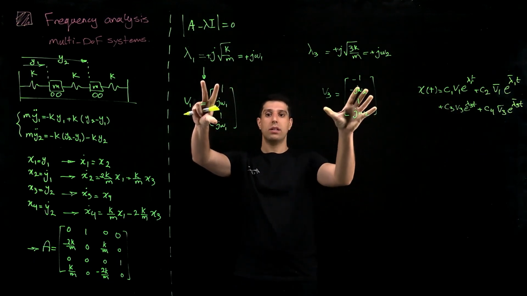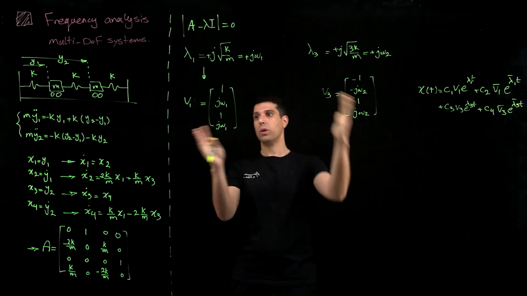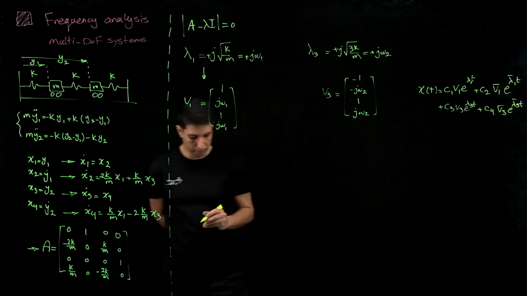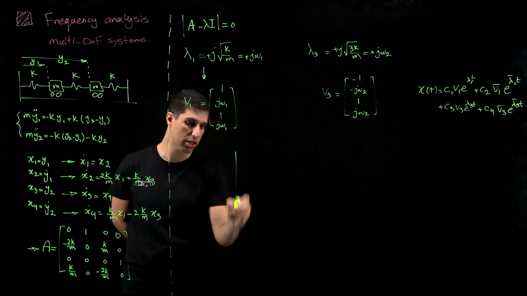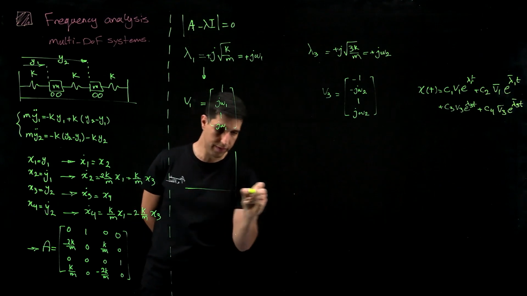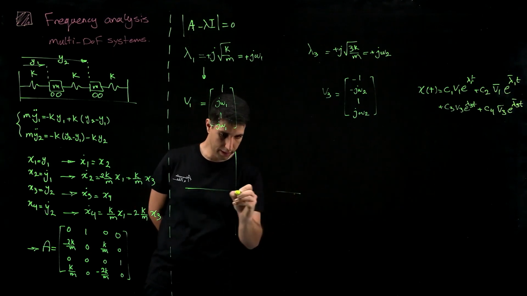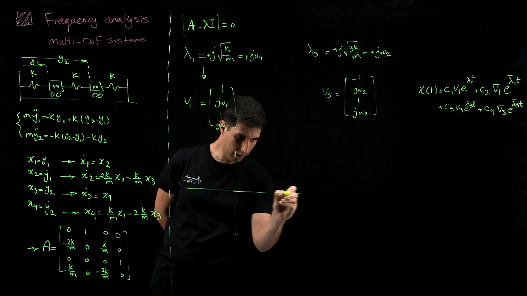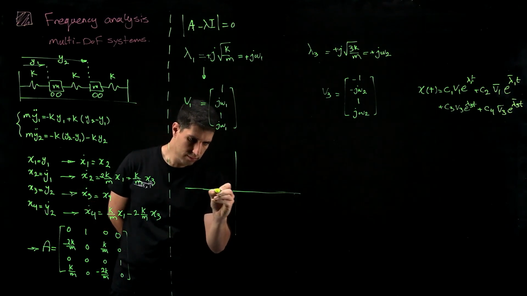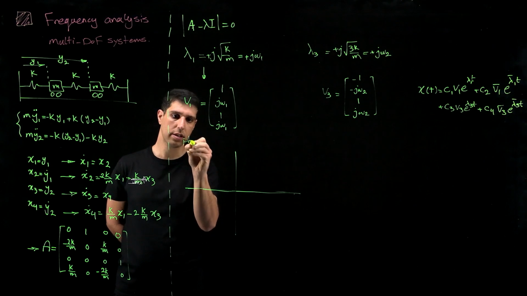So these vectors, when I plot the phasors, will be rotated depending on what the initial condition is. So I'm going to again plot the phasor. This is the phasor.